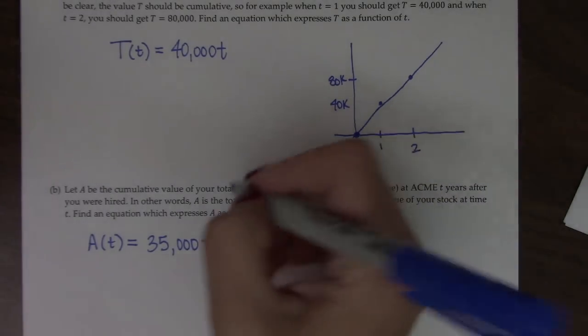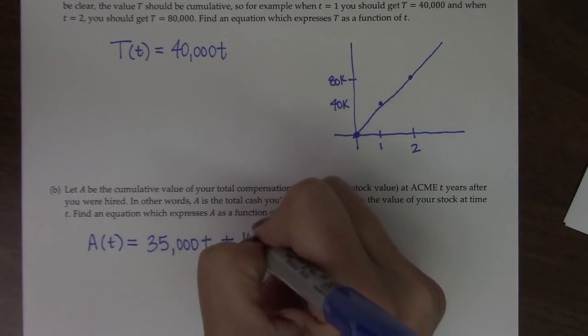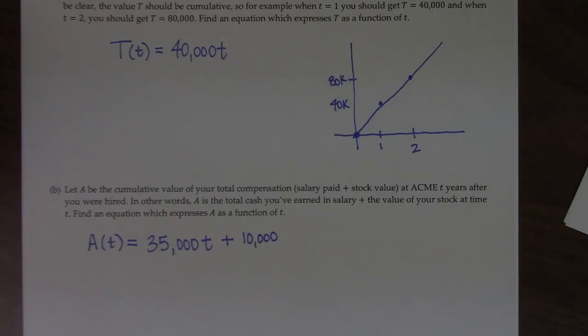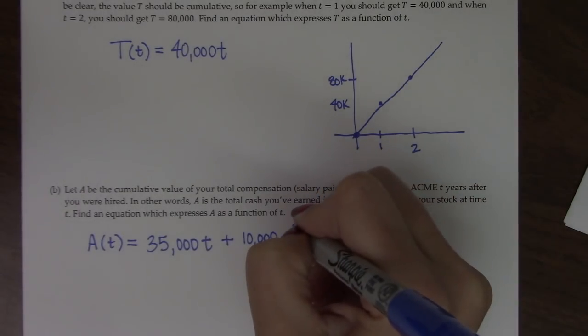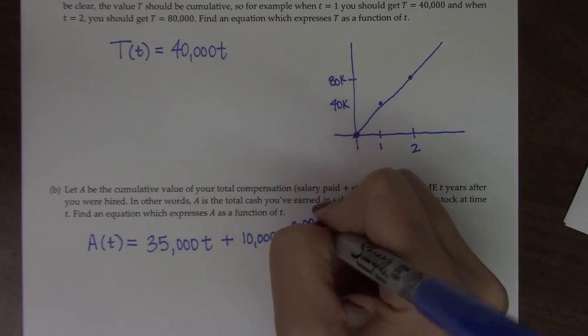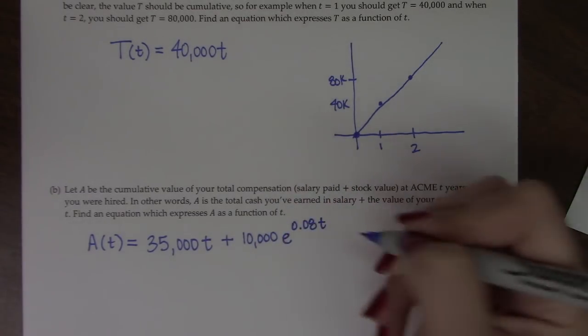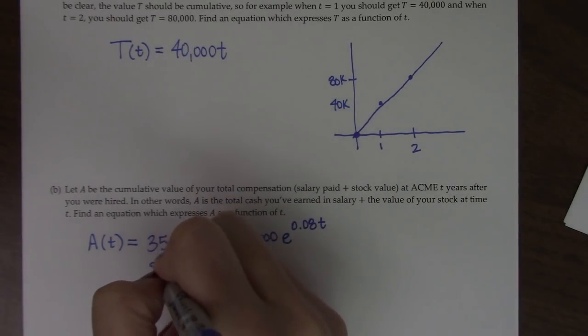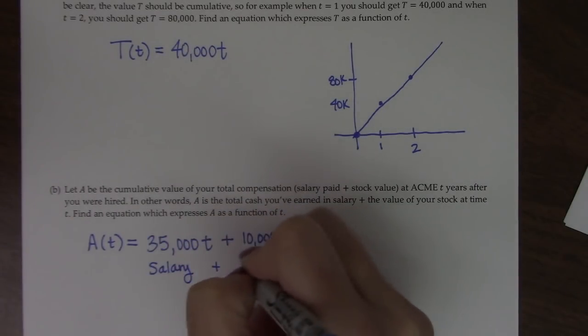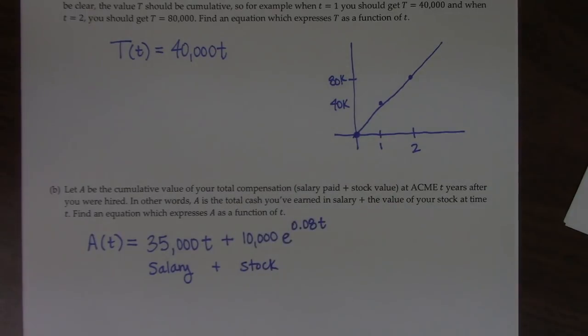However, they give you an additional $10,000, and we're assuming we only get the $10,000 at the end of the first year is how this is supposed to work, right? But it's going to compound at an interest rate of 8%, so we write 0.08 per year. So they're not giving you $10,000 of stock every single year. It's the salary plus the stock. So you get $10,000 worth of stock that grows at 8% per year.